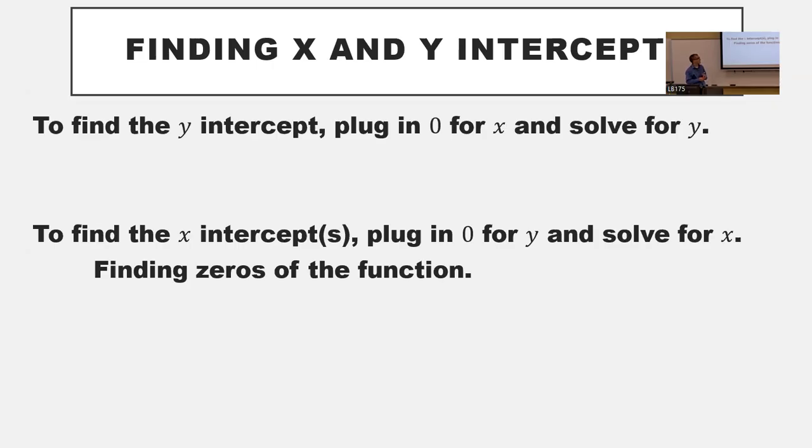And if we want to find the x-intercept, we plug in 0 for the y value. Finding the x-intercepts is equivalent to finding the zeros of the function.